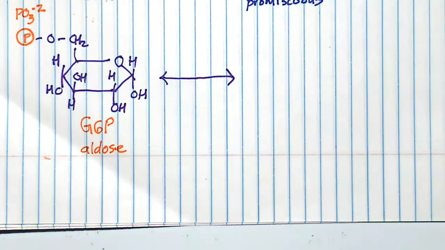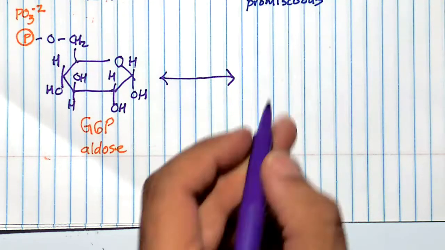Once again, if you want, you can refer to the textbook. Also, the PowerPoint notes has the mechanism. But a base catalyzed reaction splits open this ring, and then the ring closes so that you get the ketose form. All right, so let me draw the ketose form here.